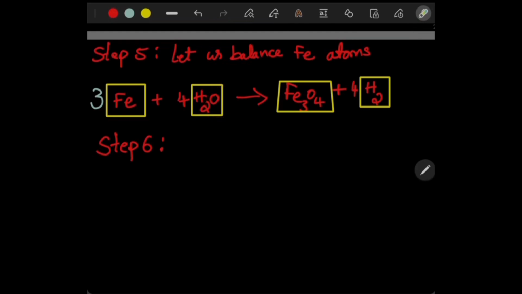Coming to the right hand side we have 3 iron atoms, 4 oxygen atoms and 8 hydrogen atoms. Therefore the numbers of atoms of elements on both sides are equal, so this equation is now balanced. This method of balancing a chemical equation is called the hit and trial method.